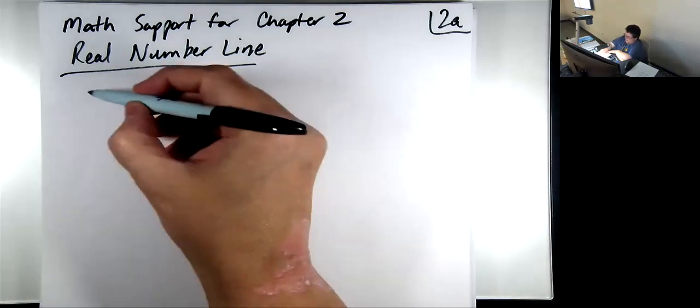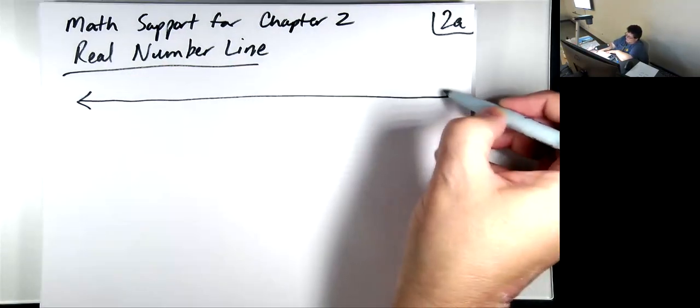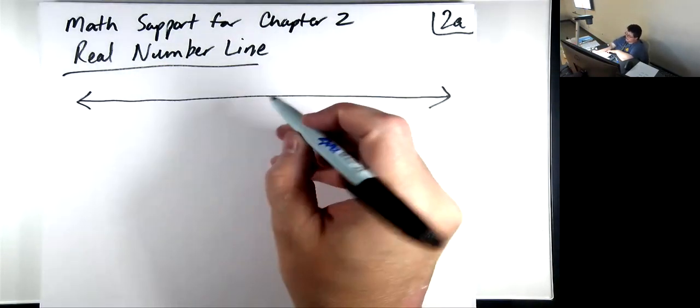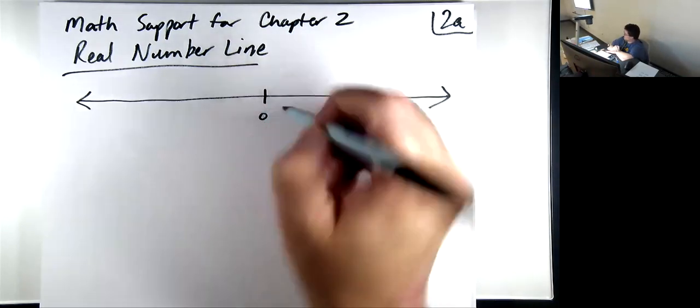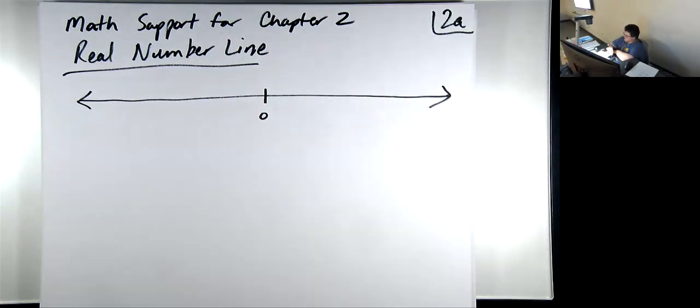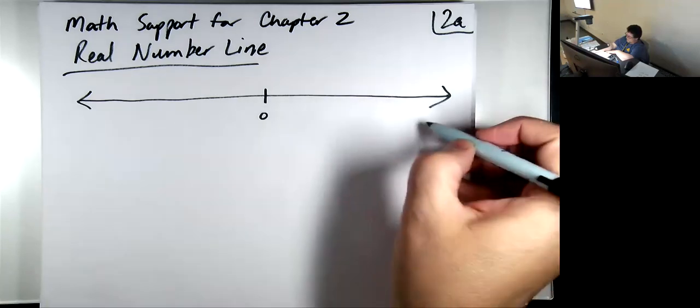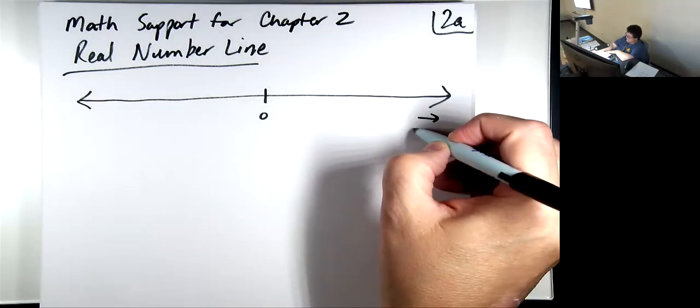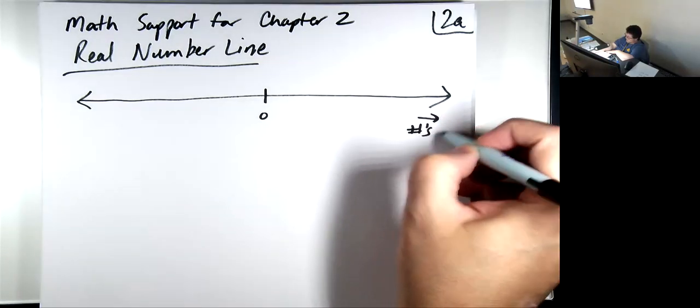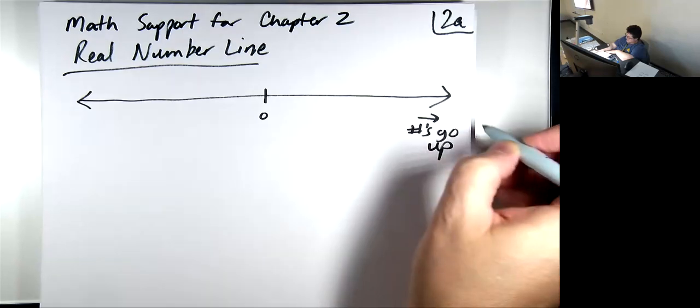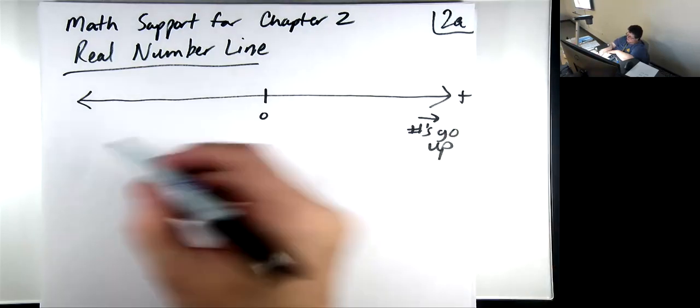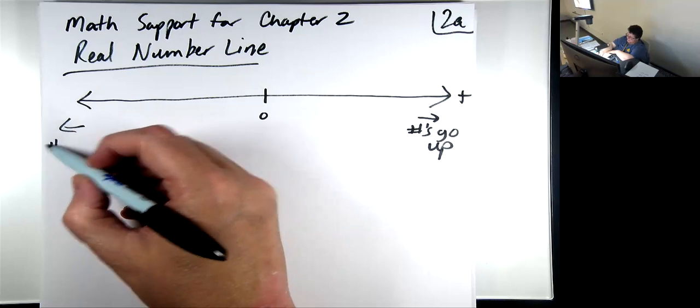So the real number line is a line with an arrowhead on both sides. The center is 0. As we go to the right, numbers go up, and as we go to the left, numbers go down.